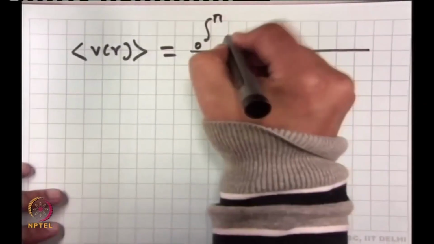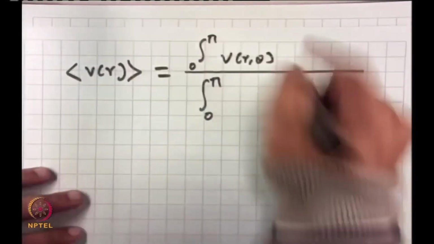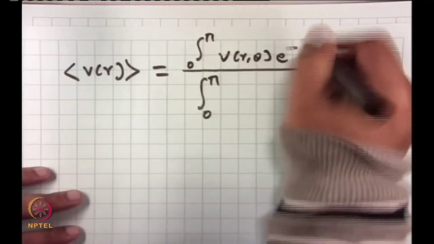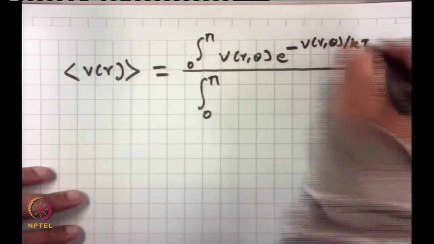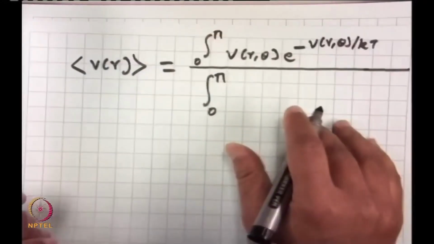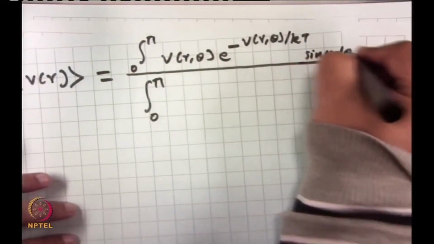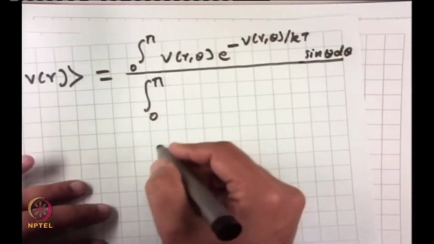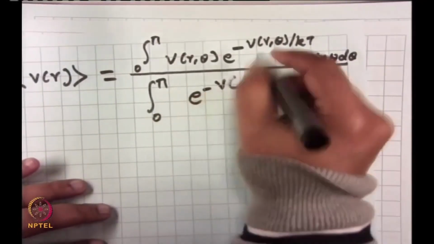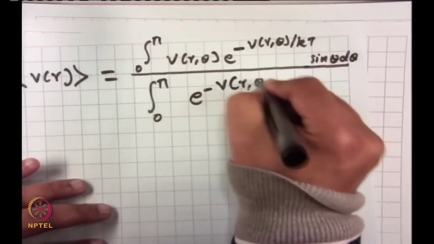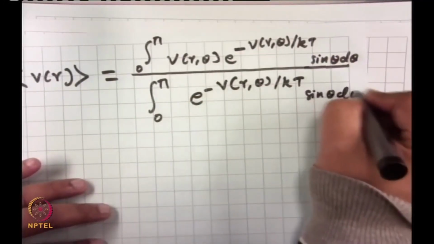The numerator is V of r, theta times e to the power minus V of r, theta over kT, times sin theta d theta, and in the denominator you have e to the power minus V of r, theta over kT, sin theta d theta.